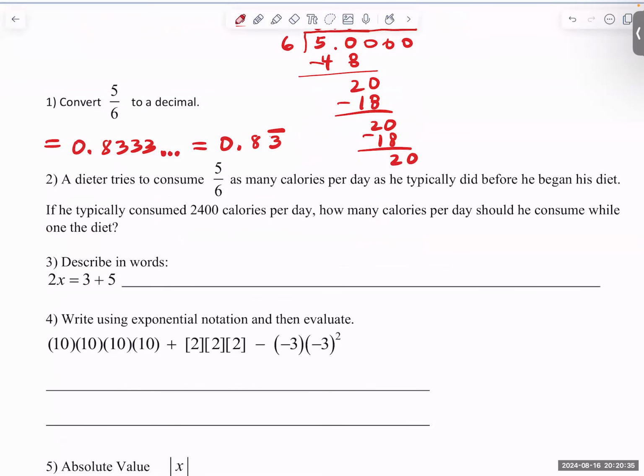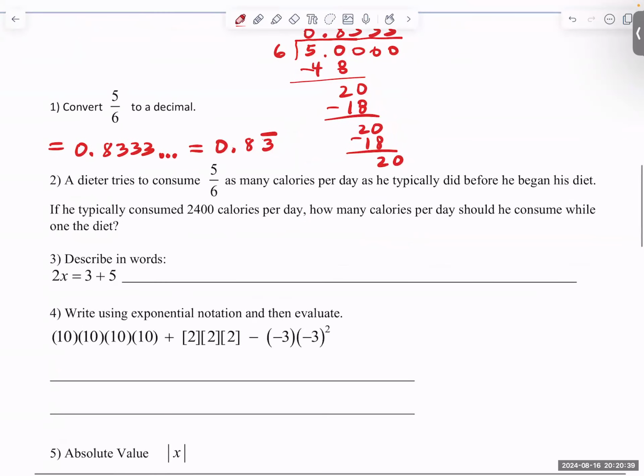A dieter tries to consume 5/6 as many calories as he typically did before he began his diet. If he typically consumed 2,400 calories per day, how many calories per day should he consume while on the diet? In other words, we want to compute 5/6 of, and of is multiplication, 2,400.